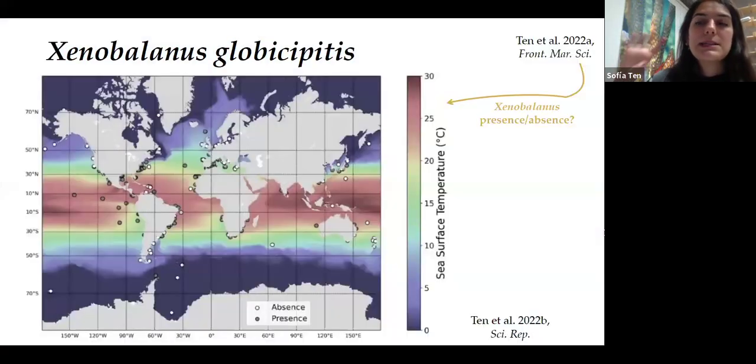So what we did is, using a data set we had already published, we plotted georeferenced points of records of surveys that were done on cetaceans, where they reported either the presence or the absence of this barnacle, and we modeled this relationship.